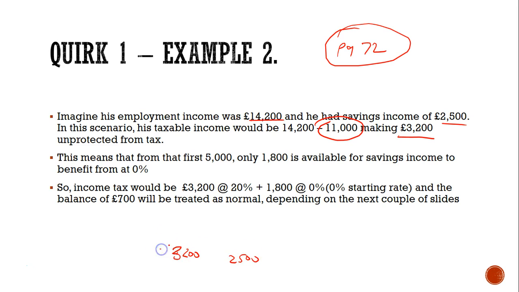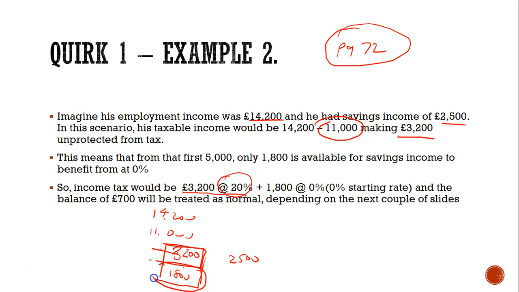So let's deal with this first. Always deal with the non-savings first. This 3,200 is sitting in the first 5,000 of taxable income, which means 1,800 is left in that first 5,000 of taxable income. This will get taxed as normal at 20%. He's got the personal allowance of 11,000 that's come off, so with the 14,200 you have this 3,200, which will be taxed at 20%, no problem.